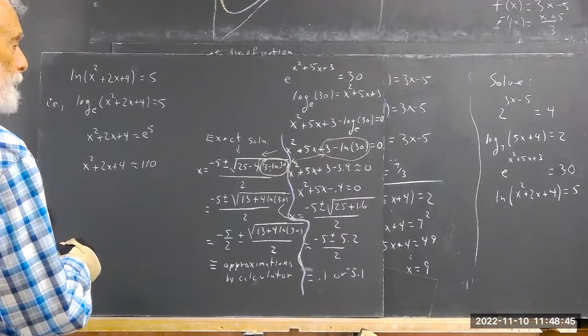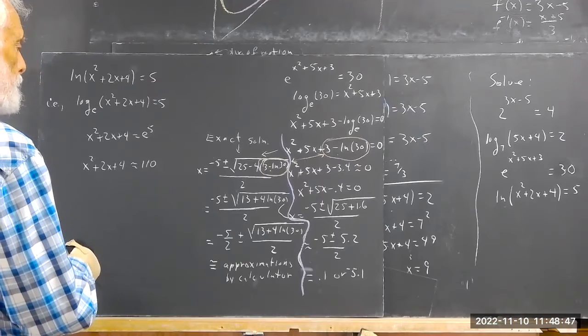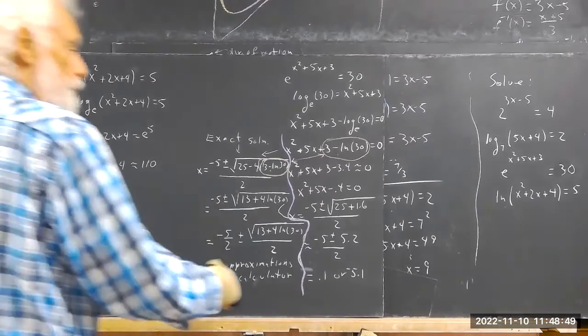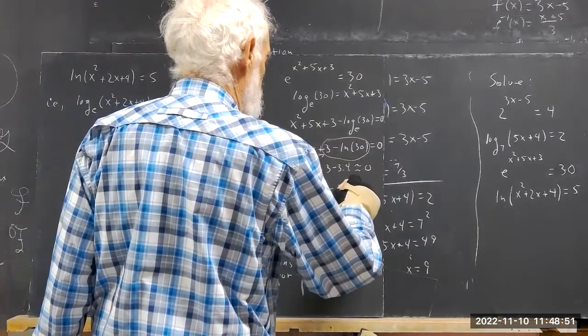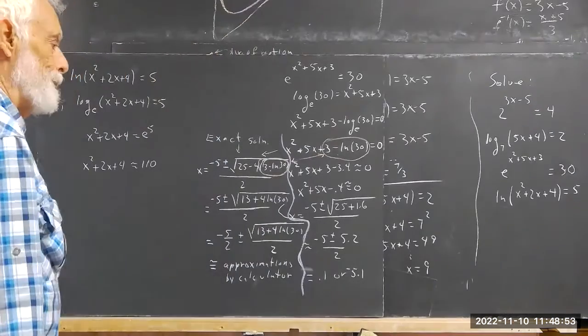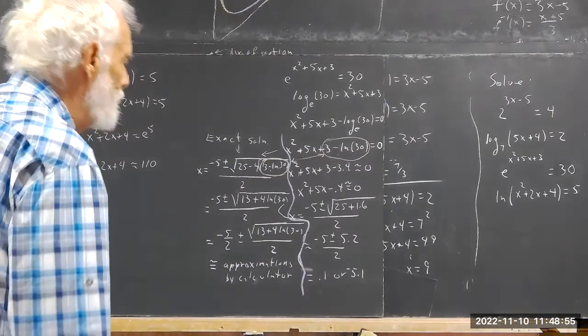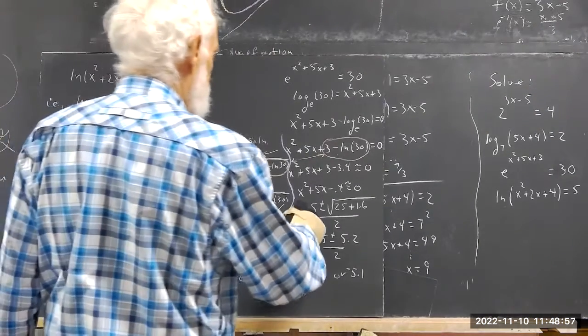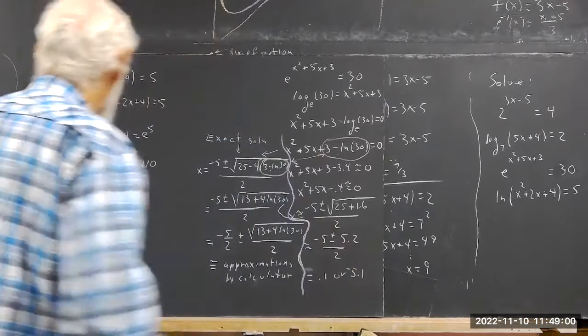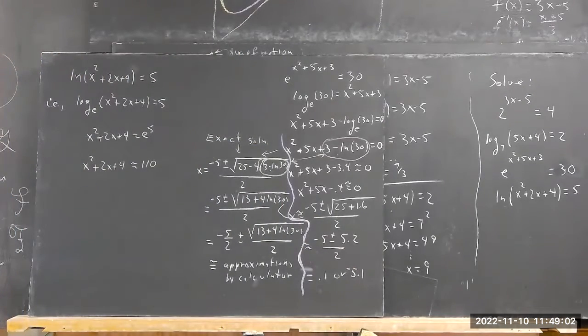Over here, it's a bit more, so this equals 0. So x is approximately this. Make sure we know when we're calculating and when we aren't, because that can be important.